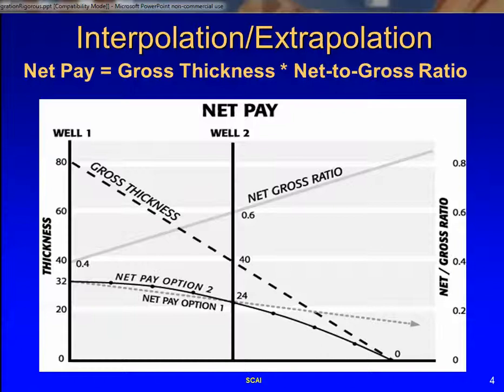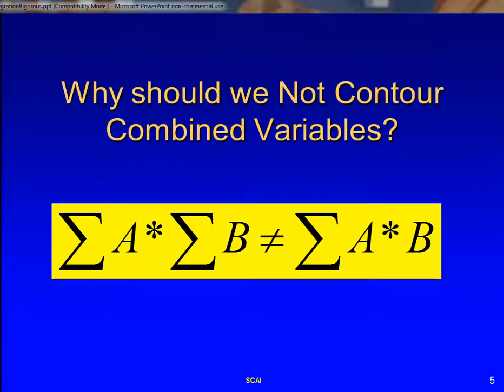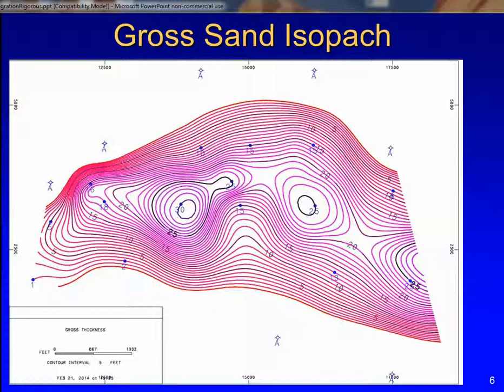Mathematically, the reason for the difference is as follows. The integral of the product is not equal to the product of the integrals. We can illustrate these concepts with an example in the following figures where we are mapping a channel sand. Here's the gross sand isopack. It is thick in the middle of the channel and wedges out at the edge of the channel.